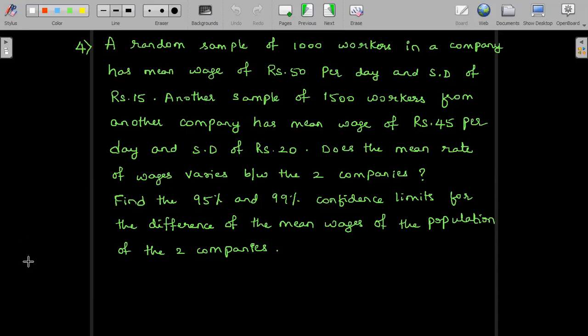Very firstly, analyzing the given data, we will write down all the required values.